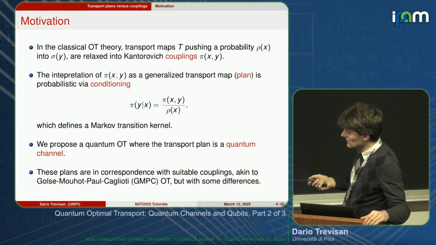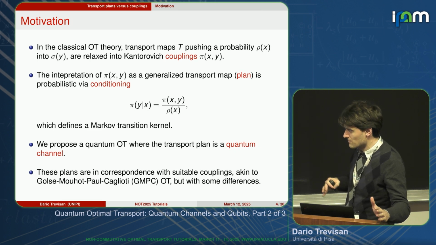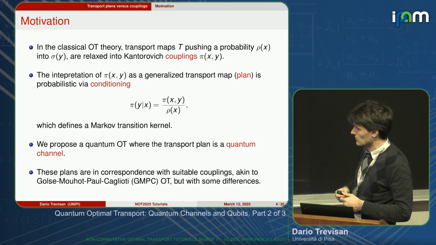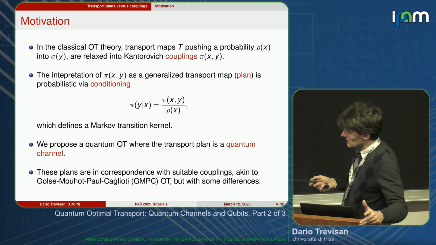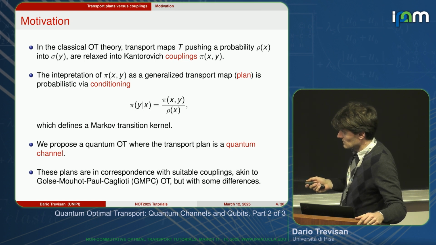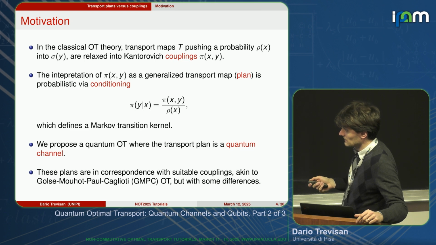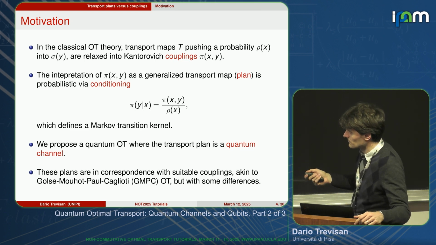But this gives you a still relaxed notion of transport map, more related to a rule to move points from one place to another, okay? So this is a Markov transition kernel. What do I mean? As in yesterday's lecture, for every X, if you look at this as a function of Y, it is a probability, okay? And then it's also measurable with respect to X, but we forget about measurability here, okay?